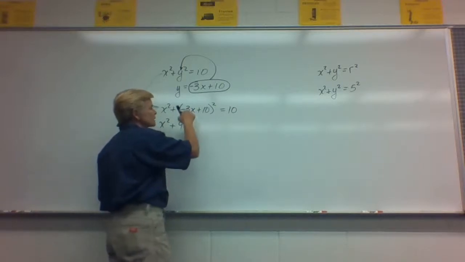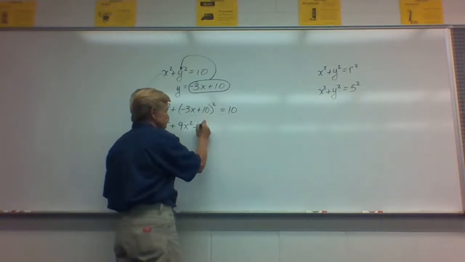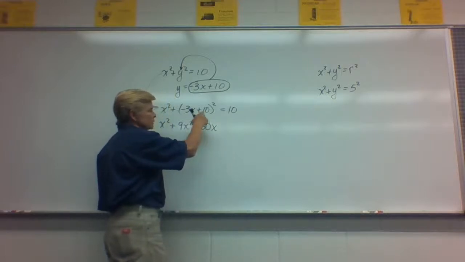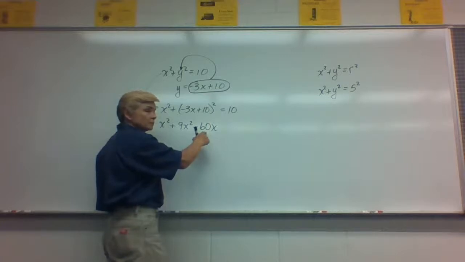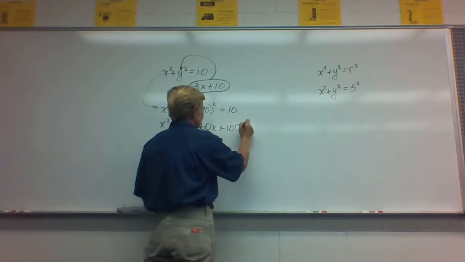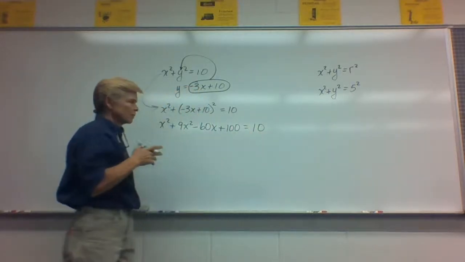The middle term is this term times this term times 2. Negative 3 times 10 is negative 30x, times 2 is negative 60x. Do you follow? You always square that on the back and it's always positive. So I squared this binomial to get from this step to this one. Are you okay or not?